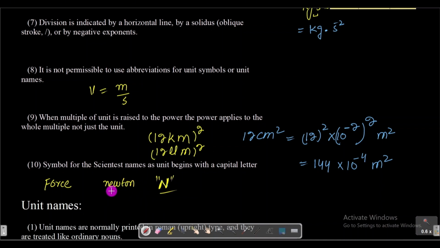So here this is the name of the scientist. Similarly, joule is the name of the scientist, so the symbol for its unit will be in capital form. Similarly, the hertz, we will write this in capital form.